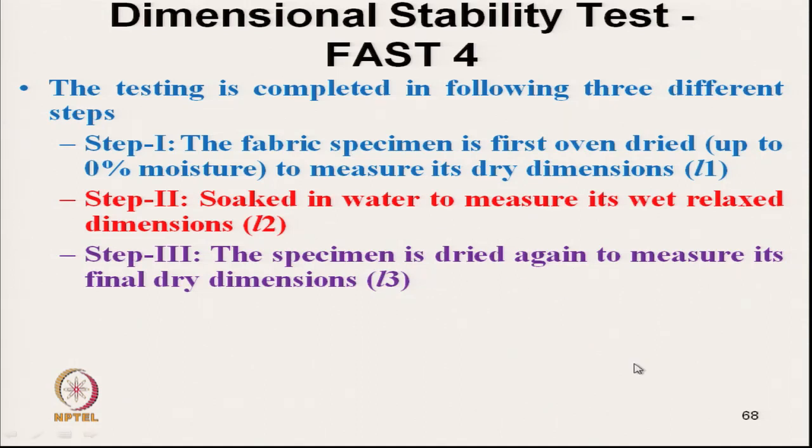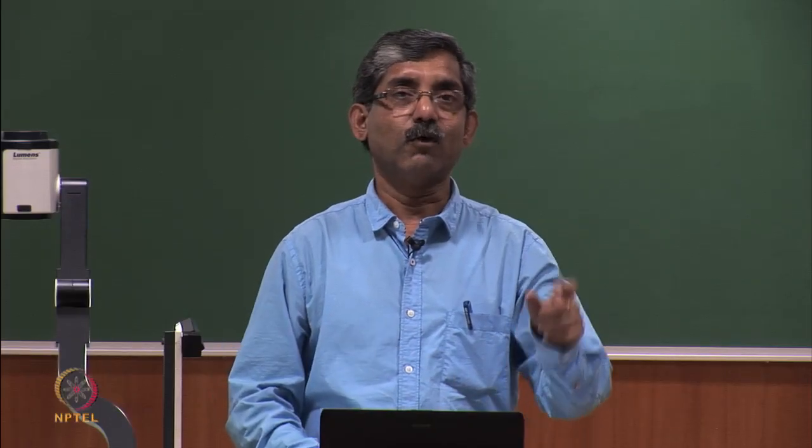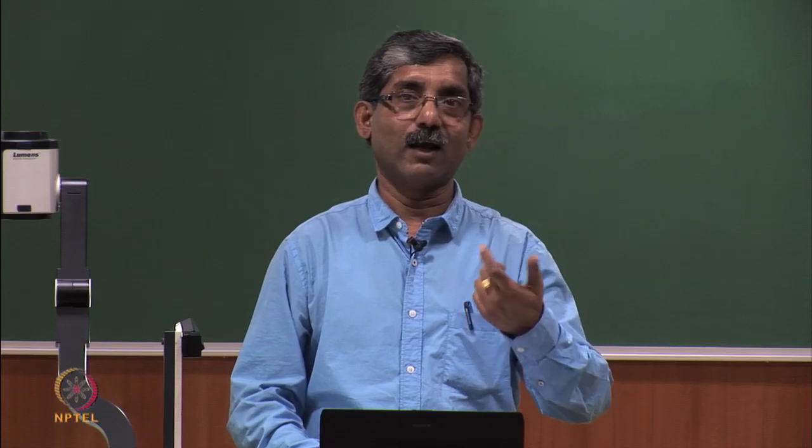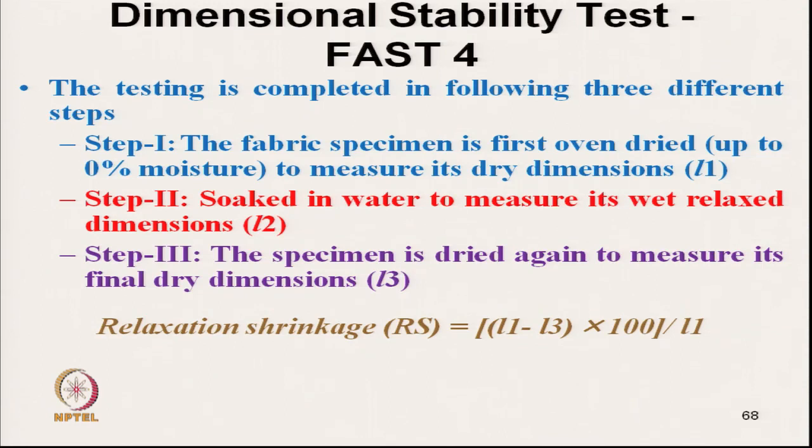From these 3 parameters L1, L2, L3, which may be in the warp wise direction or the weft wise direction, we can measure both and from there we can calculate 2 parameters. One is relaxation shrinkage: L1 minus L3 divided by L1, multiplied by 100.